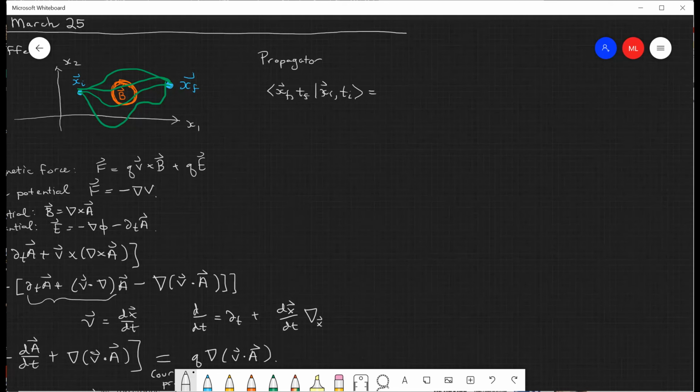What we note, and we know we have to sum over all paths going from the initial point to the final point, is that we can break up the paths into ones that go on top of the cylinder and ones that go on the bottom.